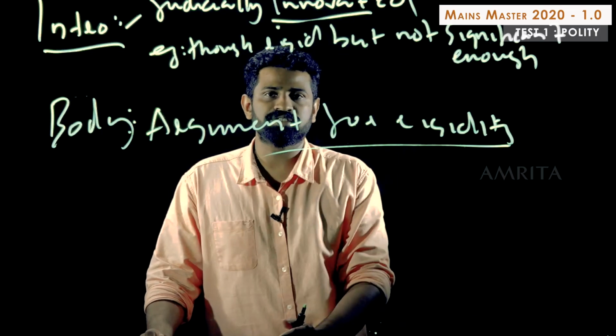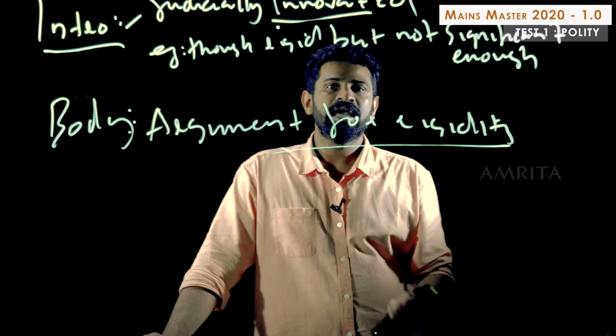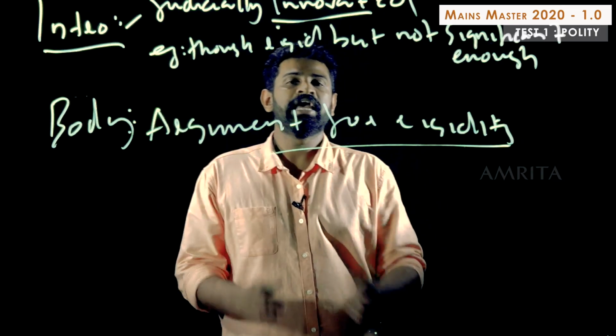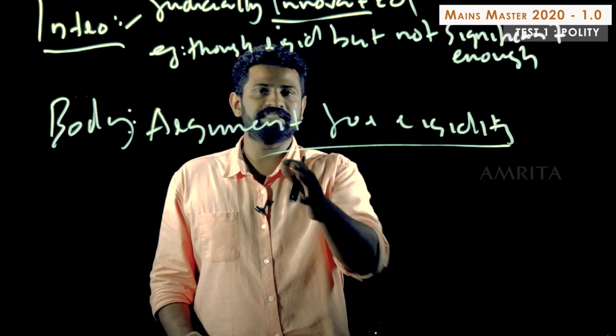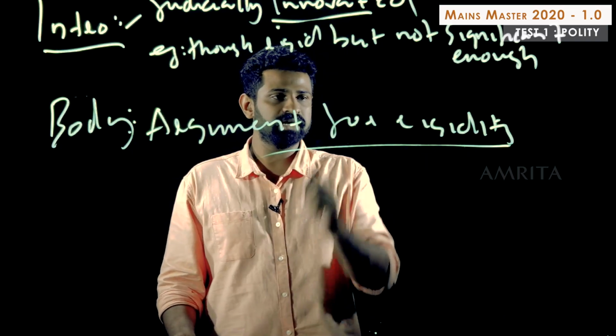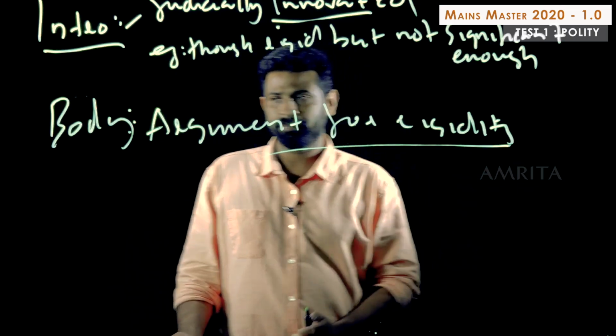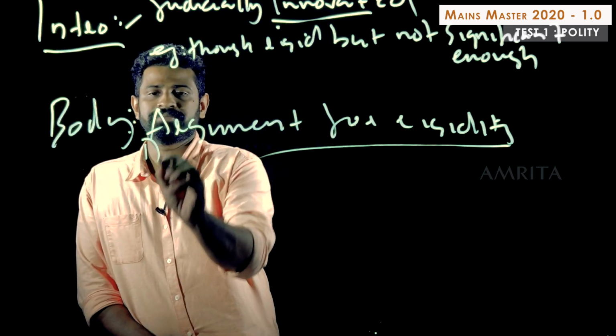But after the basic structure came into the scene, the Indian Parliament, even though it has a brute majority, cannot amend certain vital essential features of the constitution, such as, give 5 or 6 examples, that's all fine. So that is the first argument.